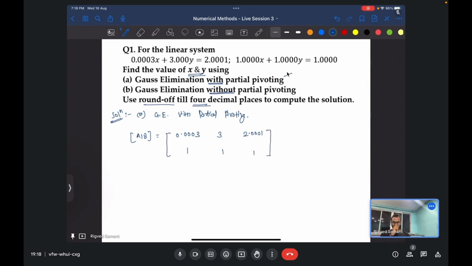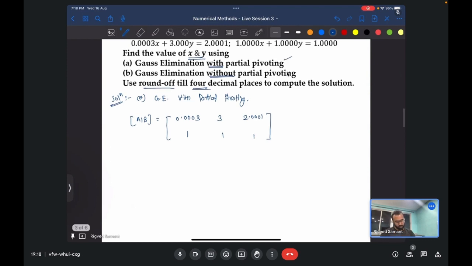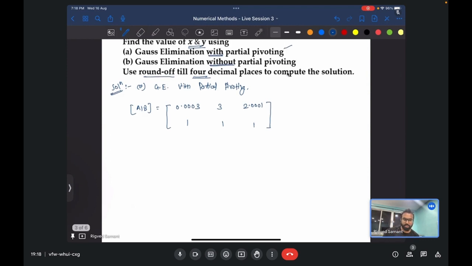So what is partial pivoting? What do we have to do here?